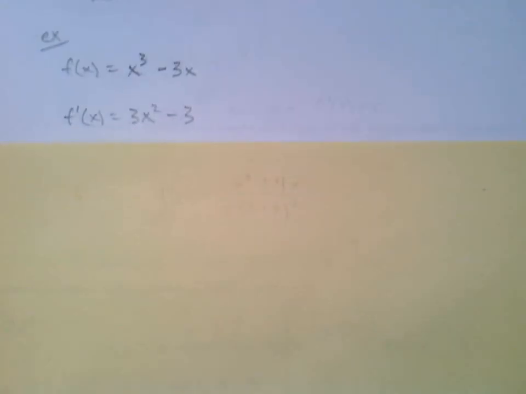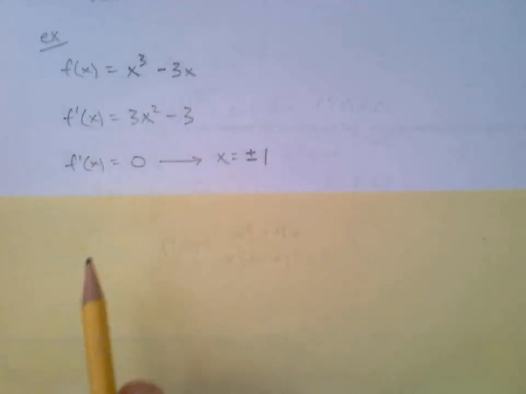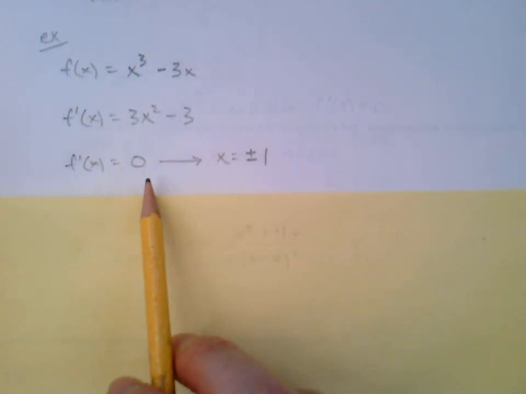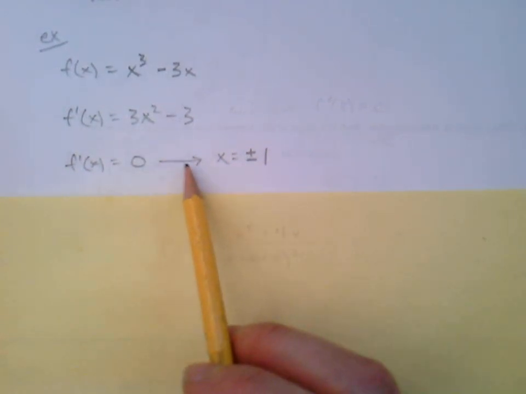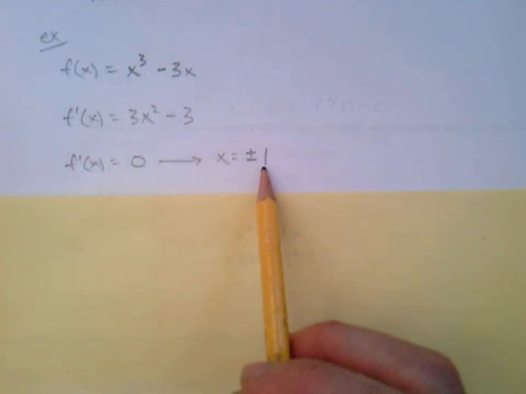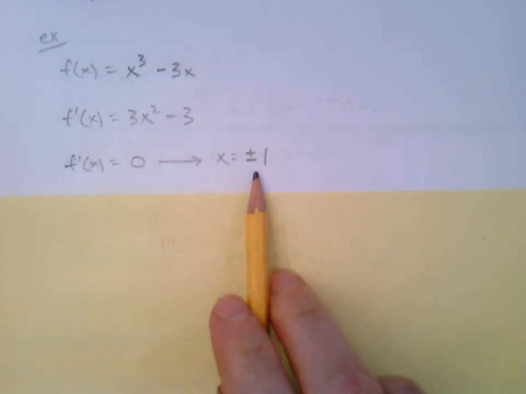So we take our derivative, we set it equal to 0, and I'm not showing all the steps because we've done it so many times, and this is a fairly straightforward one. This would lead to two answers, positive and negative 1. That would cause the first derivative to equal 0. Okay, so we got these two critical numbers.